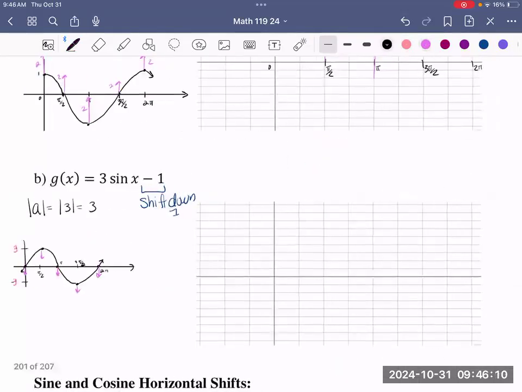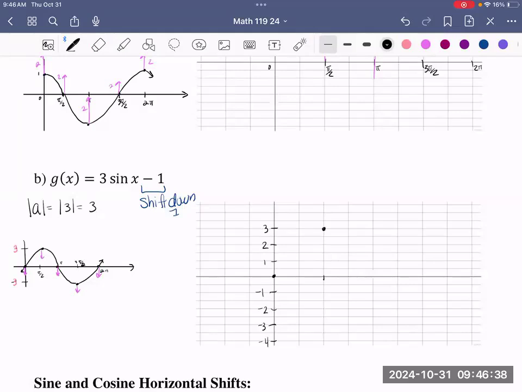So again, let's make a very quick graph. Actually, I might change it because we're shifting down. Oh, wait, no, that's fine. 3, -4, 3.